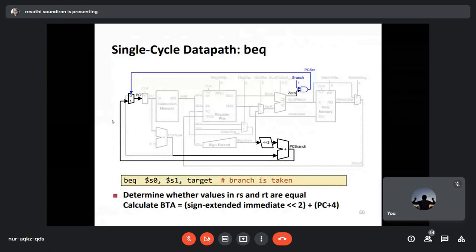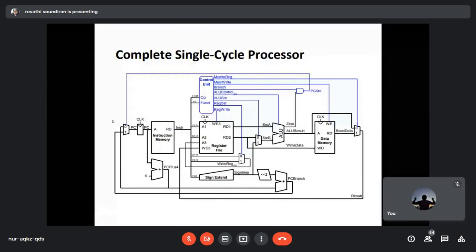So this is the complete cycle process. This is your control unit. The lines indicated in blue are going to be your control signals.